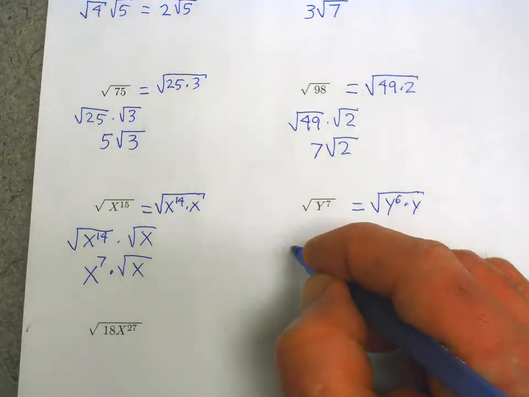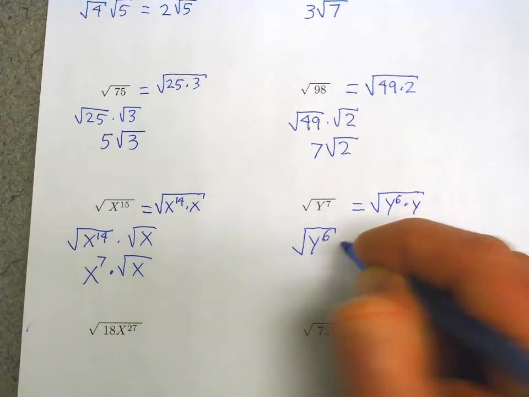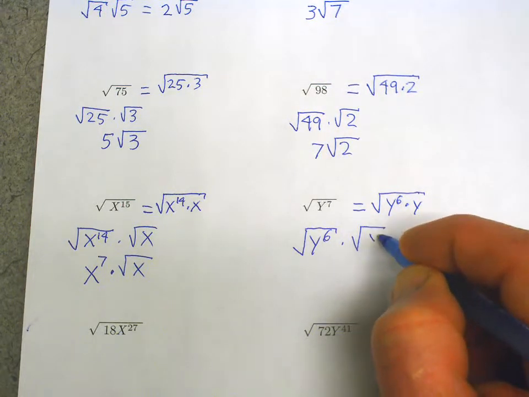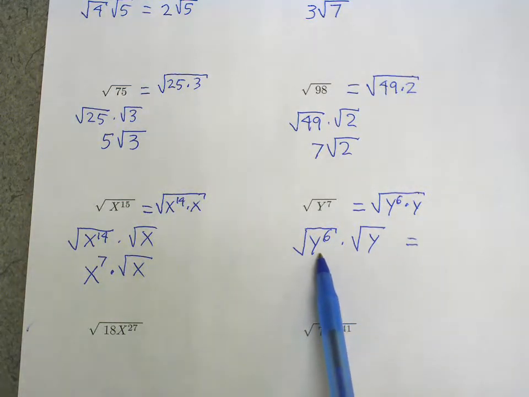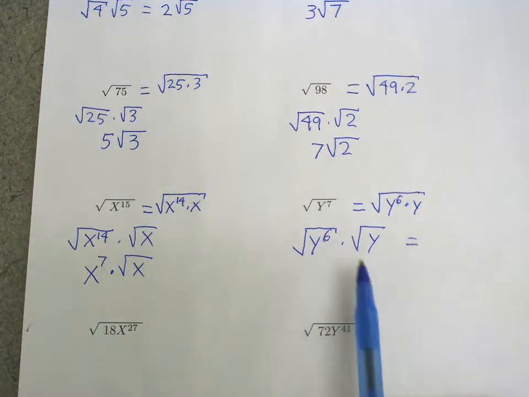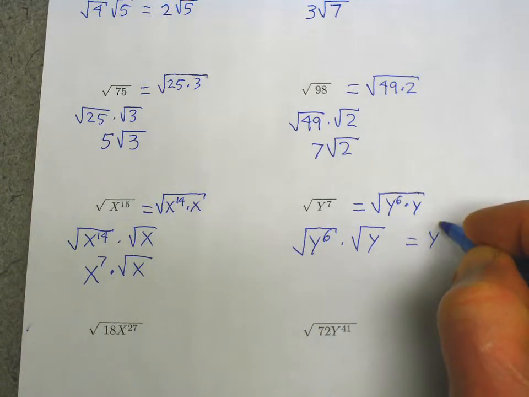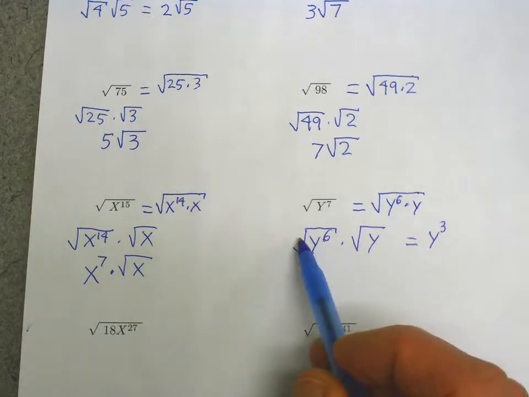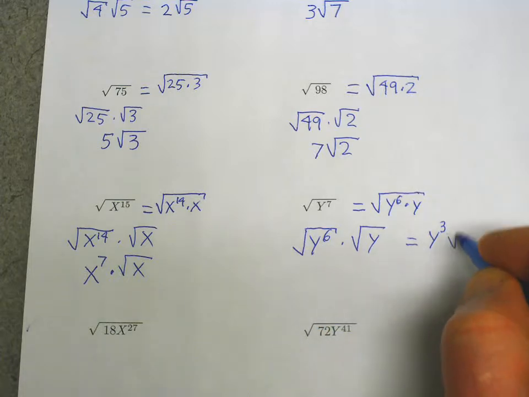This can be written as the square root of y to the 6th times the square root of y. And then we can simplify the square root of y to the 6th. The square root of y to the 6th is y to the 3rd, because 6 divided by the index 2 is 3. And so our final answer is y to the 3rd times the square root of y.